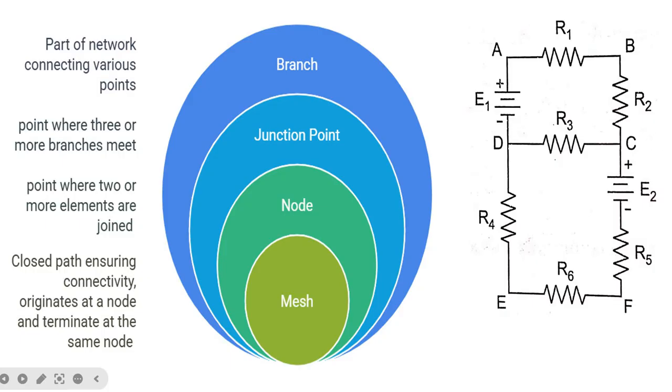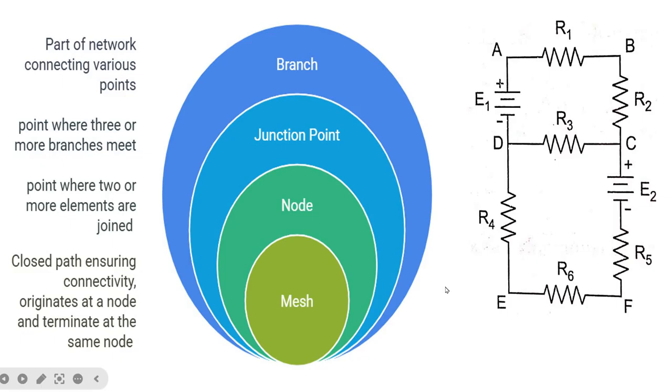Now if we remove any one of the branches, suppose I remove branch CD, then this will no longer remain a loop.